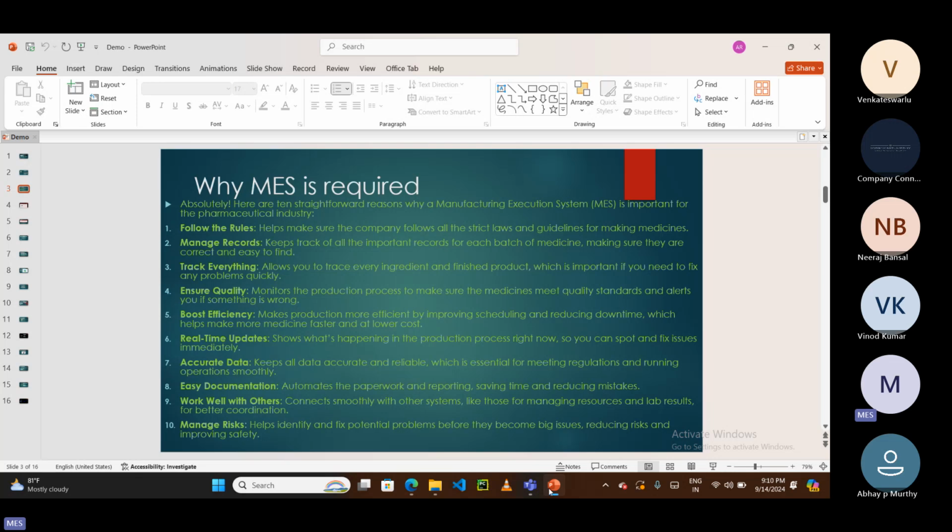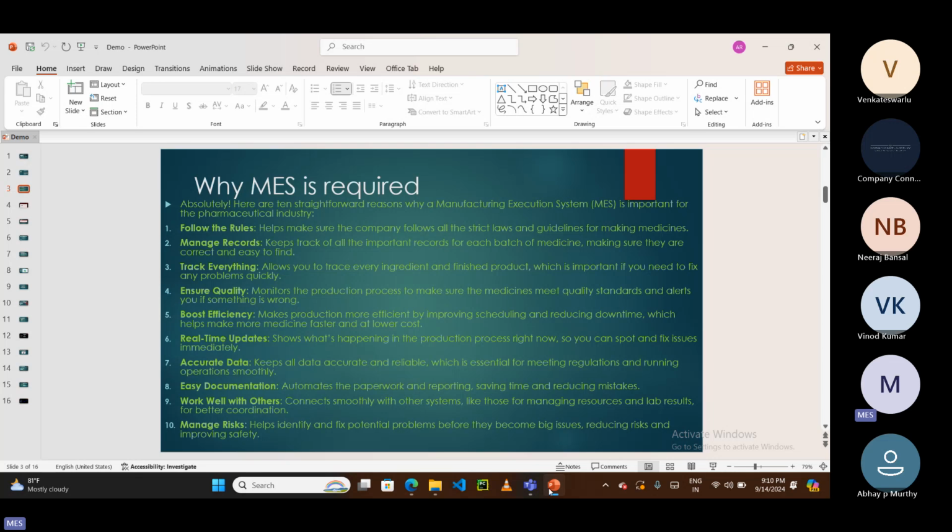The first one is follow the rules. If MES is implemented in your plant or organization, then you compulsorily have to follow the rules. If you don't follow the rules, the system won't allow you to proceed further. So ultimately you have to follow the rules, and you cannot skip them. And if you skip something and the system has accepted that you skipped it, then it is recorded in the application.